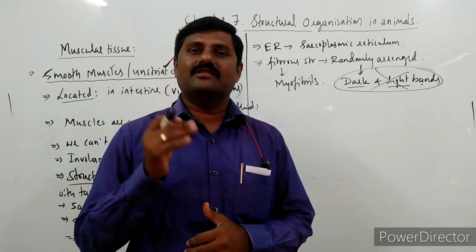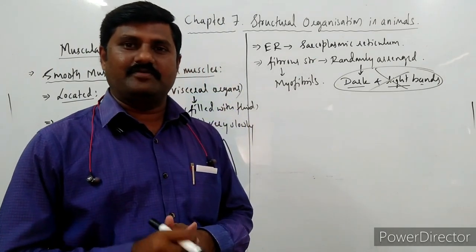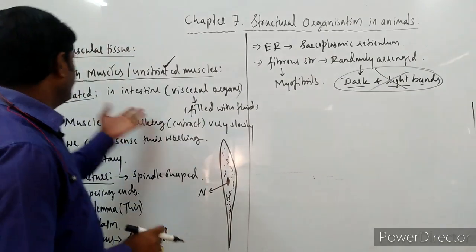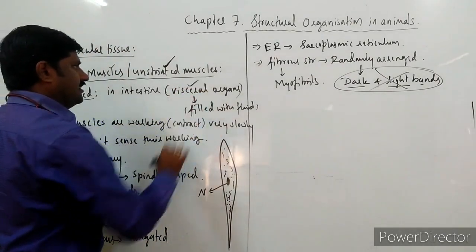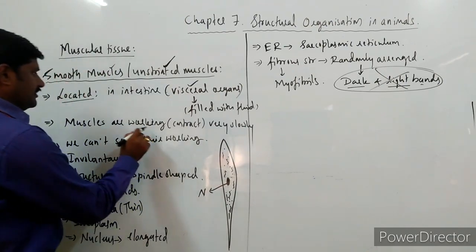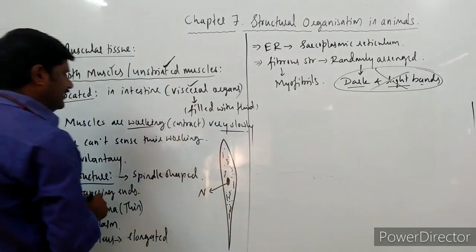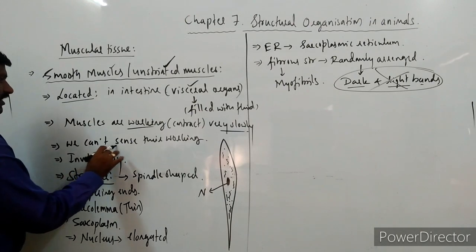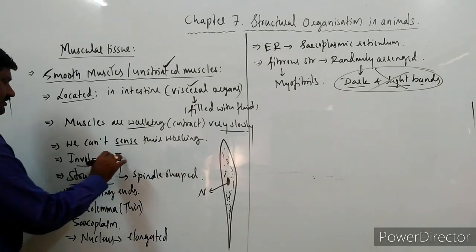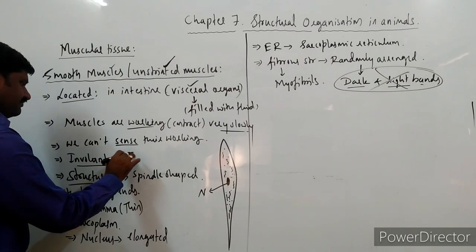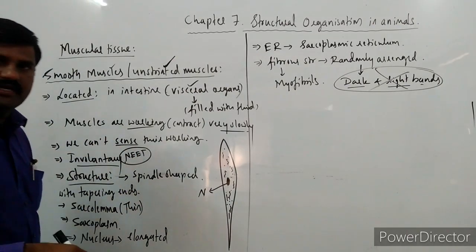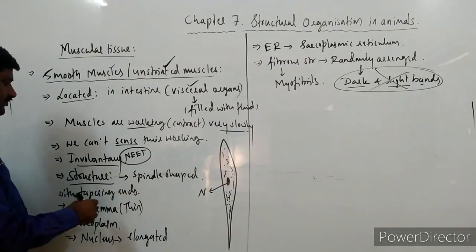Then what are the next type of muscle fibers? The points should be very clear in this type. They are mainly seen in visceral organs, in which they are working very slowly, and so we cannot sense their working, and these are involuntary in nature. This is more important for NEET, especially what kind of muscle fibers are voluntary, involuntary, that is asked usually.